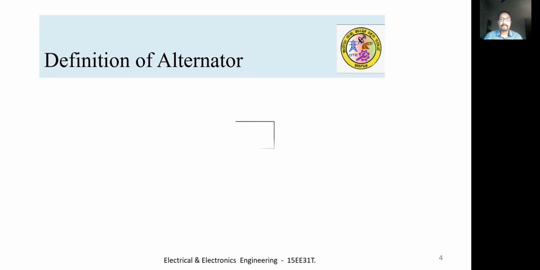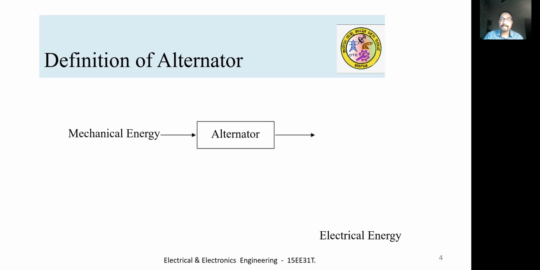Let us consider an alternator which takes mechanical energy at the input and gives out electrical energy at the output. Remember, this electrical energy is in the form of AC and not DC. If it is DC, that is the definition of a DC generator. Here, this electrical energy is in the form of AC. So this is the basic definition of an alternator.